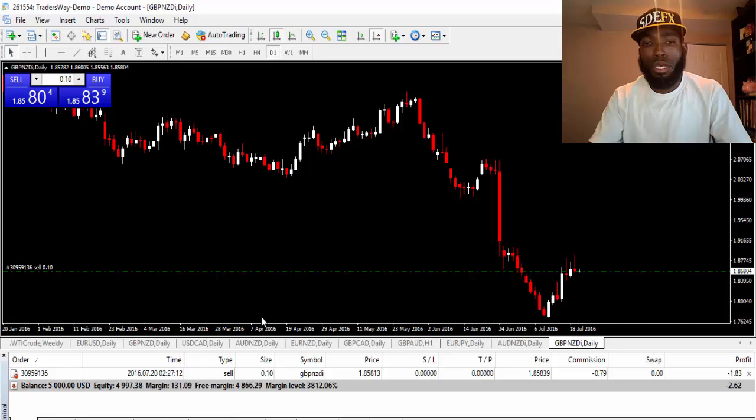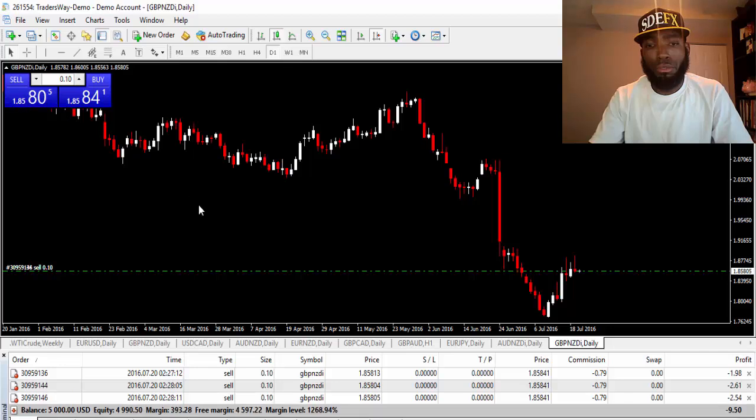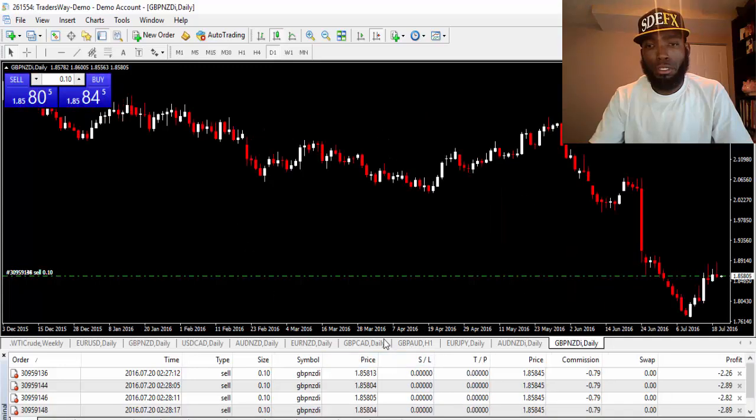Open up a sell, and this margin level percentage number should decrease. See how it dropped down to 1904? Now it's at 1268. Let me open this up so you can see.